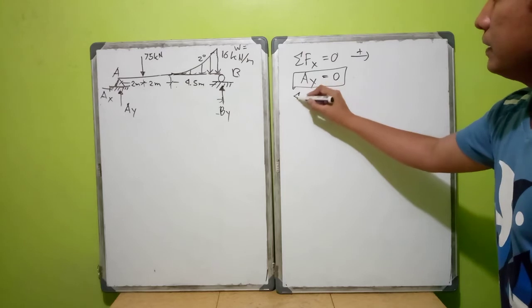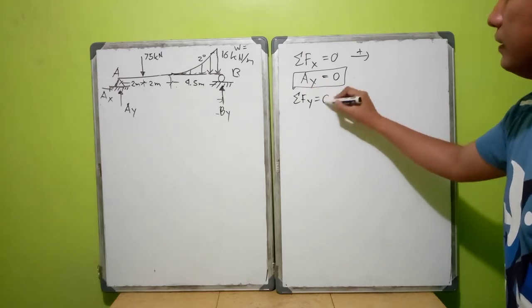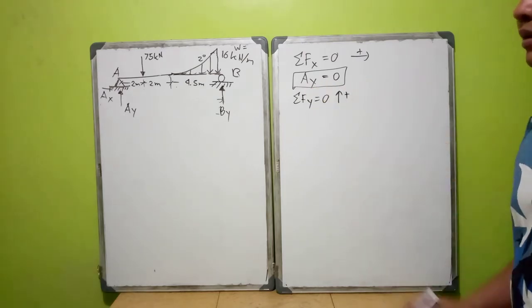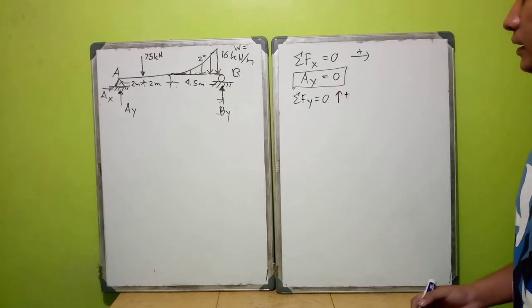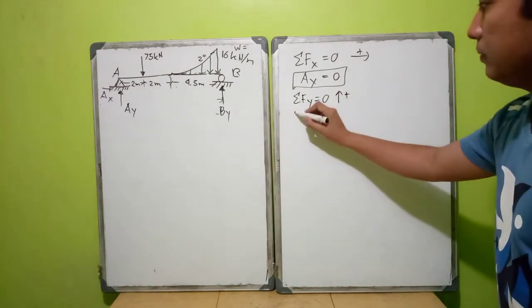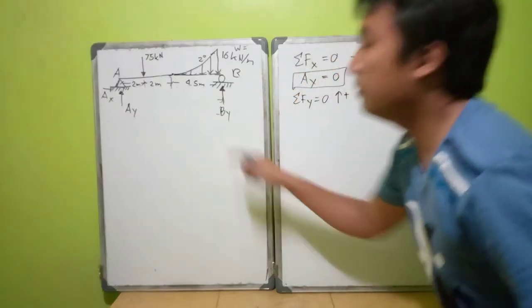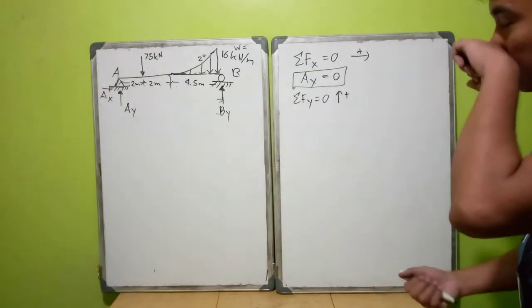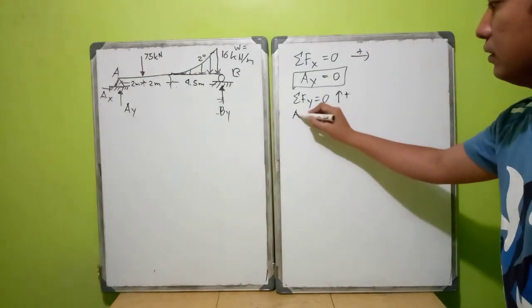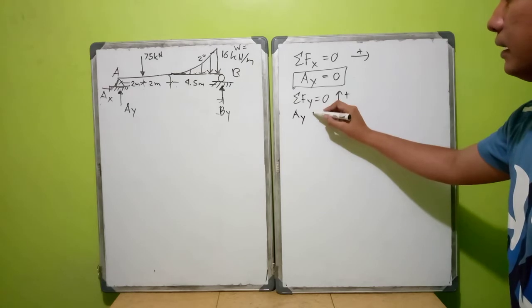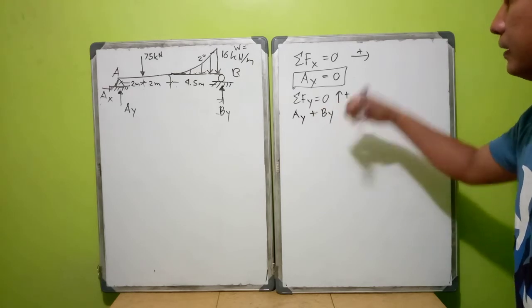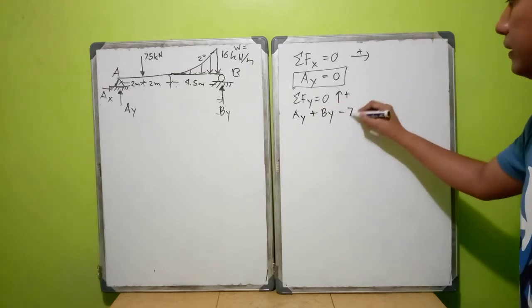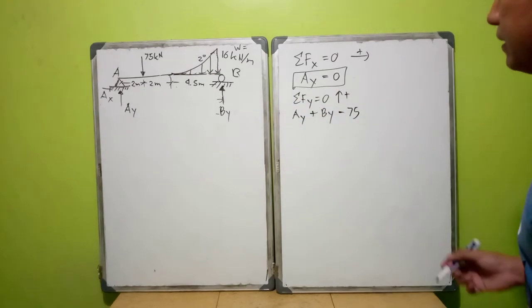Then summation of forces in y equals 0, upward as positive. We have two vertical upward reactions, Ay and By, which are positive, and then negative 75 since it's downward.